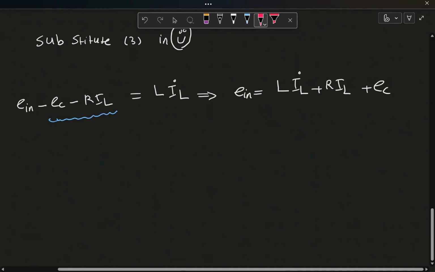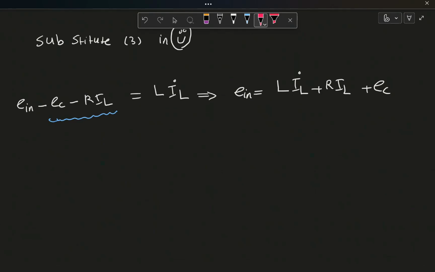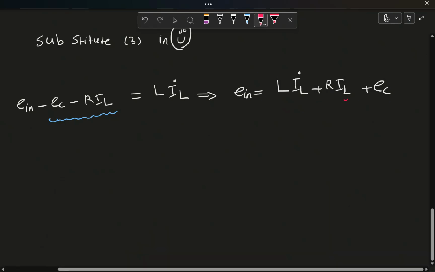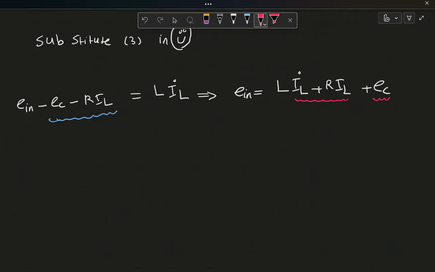Now I can box these equations, but before that, I need to do the sanity check. Yes? How many families do I have on the right-hand side of this equation? Well, you guys tell me. I have the family of IL, and I have the family of EC. Family of EC has only one member. However, family of IL has two members, IL and I dot L. And you guys notice that within the family of IL, the members do not have different signs.